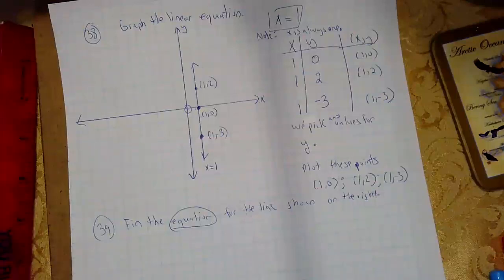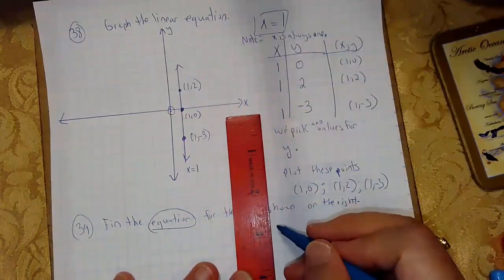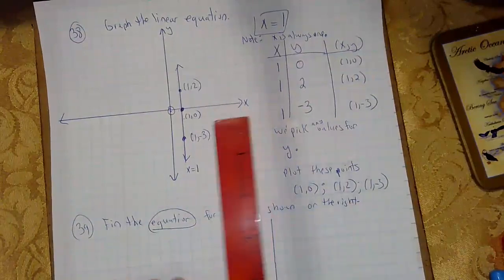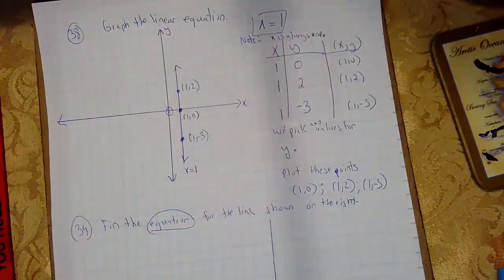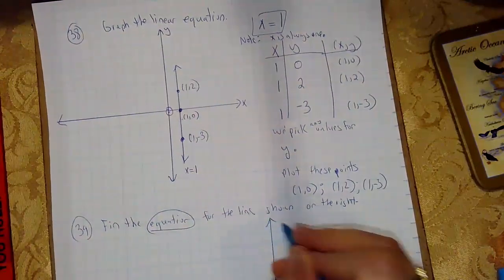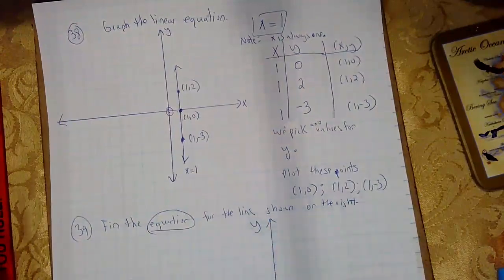Okay, so they've got a little picture here. Let me see if I can sketch that. Here's X and here's Y. And then we've got a line.